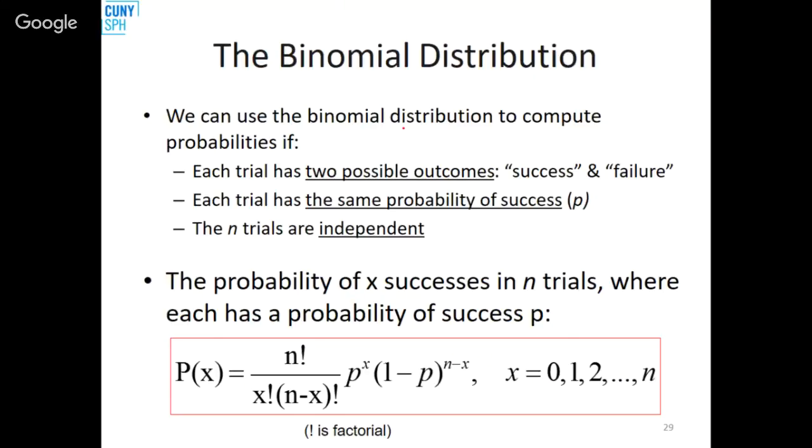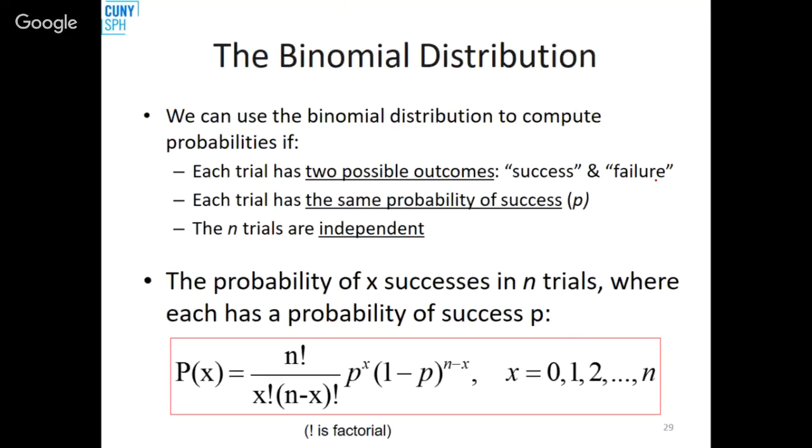Now, the binomial distribution is also a pretty fundamental distribution. That's because it's quite broadly applicable, again, under just a few assumptions. The first one, that a trial or an observation has only two possible outcomes, which we will call a success and a failure.